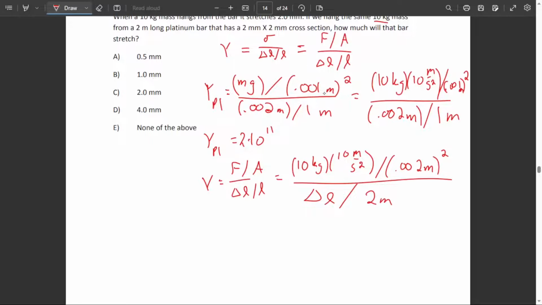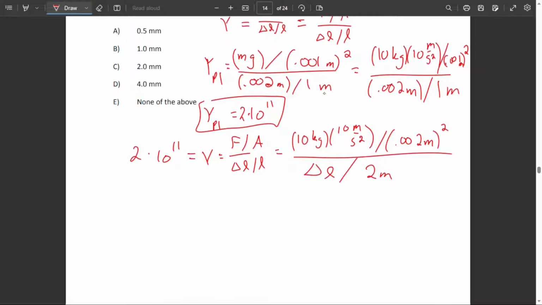So, all of this is with a platinum bar, so we can use our Young's modulus that we just calculated. And then from here we just have to solve for the change in length. So, let's do that.